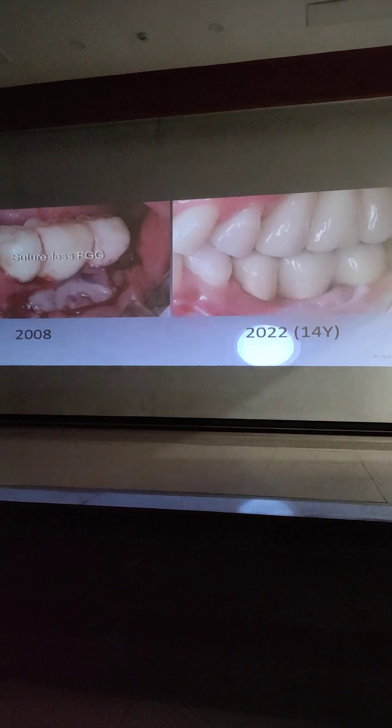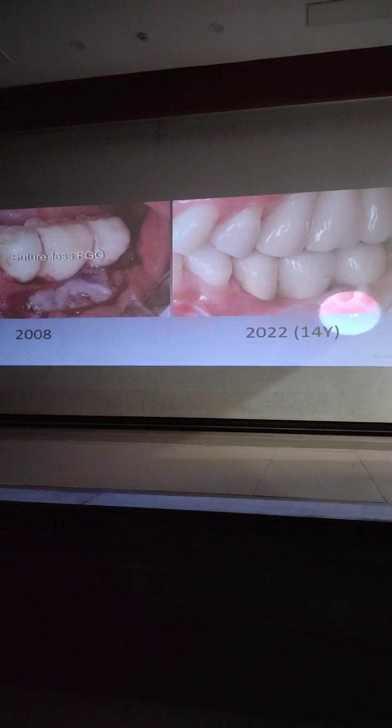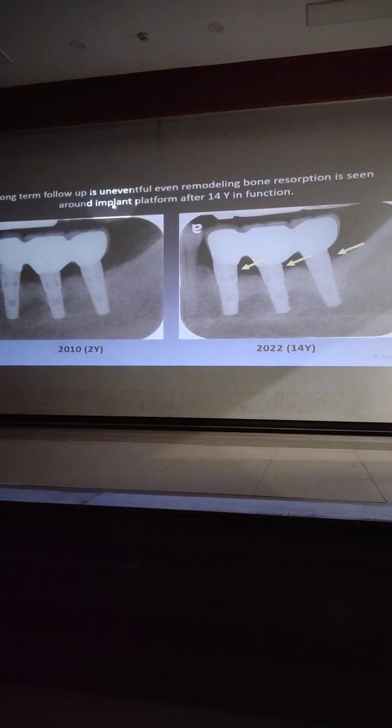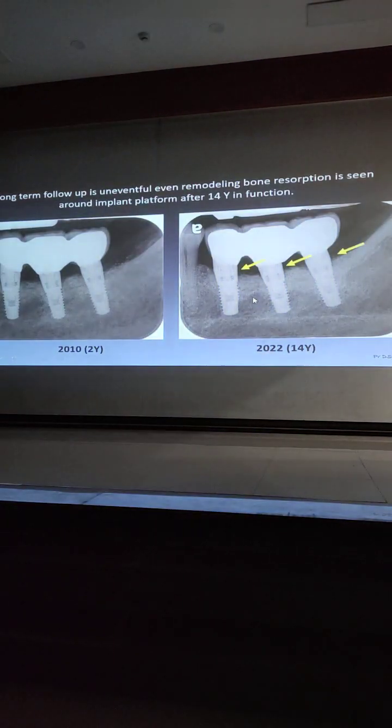This is the 14 years loading. You can see the patient had good gingival implant restorations. Long-term follow-up shows even marginal bone distortion is seen around the implant platform after 15 years in function.